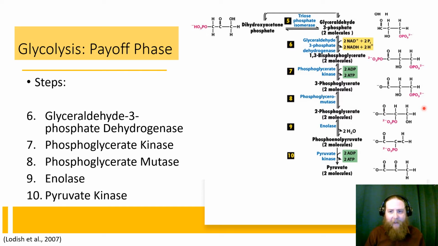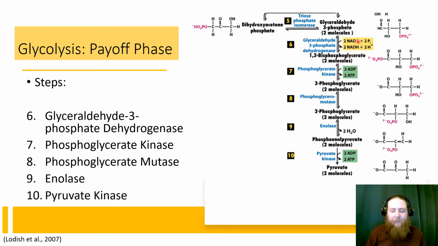In our sixth step, which is the first step of the payoff phase, we're going to take glyceraldehyde 3-phosphate dehydrogenase, which is going to remove some hydrogens here. We're going to take these two NAD pluses and these two inorganic phosphates, and put the phosphate group onto this molecule with this dehydrogenase, and we're going to get two NADHs and two H pluses out of it.